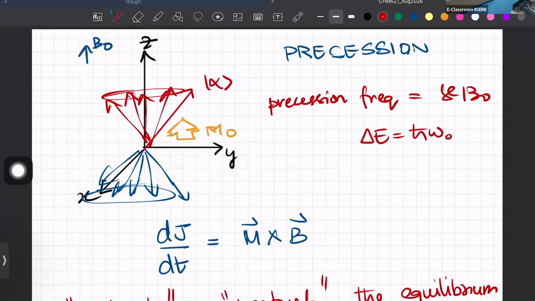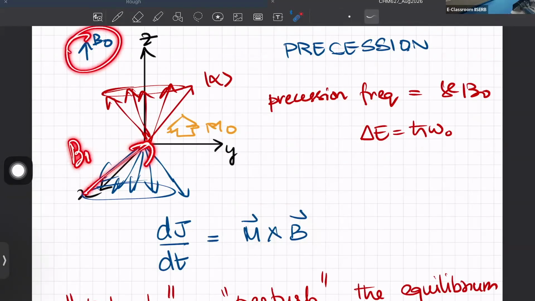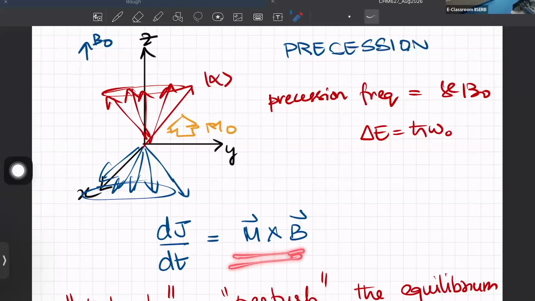Remember, you can only affect a change when the M and B are not collinear with each other. So in addition to this B naught, you have to apply another B RF, which is your equivalent of a light, that is perpendicular to M naught so as to cause a disturbance. Because that's when the M cross B is non-zero. That's when you can affect a change with respect to M naught.